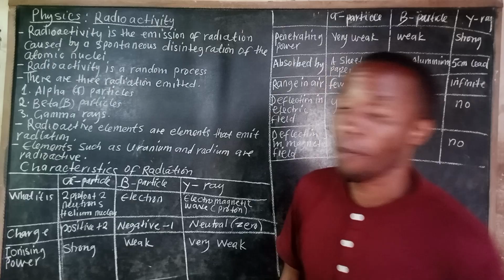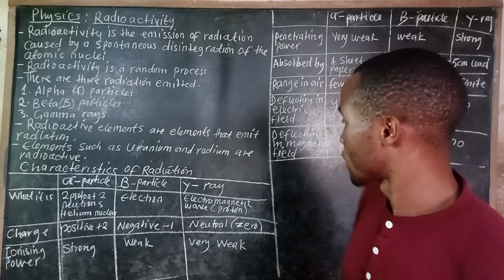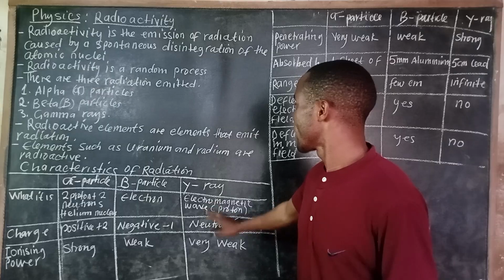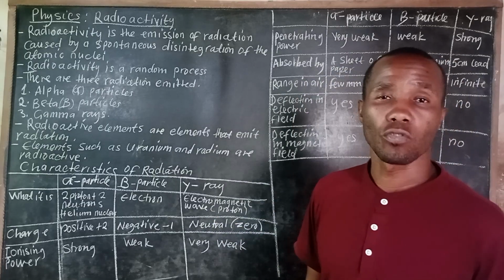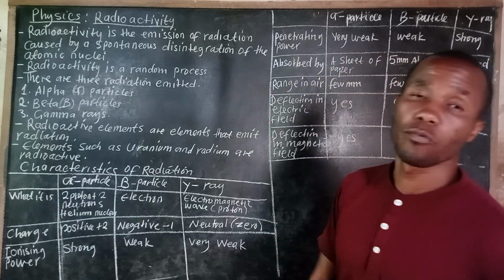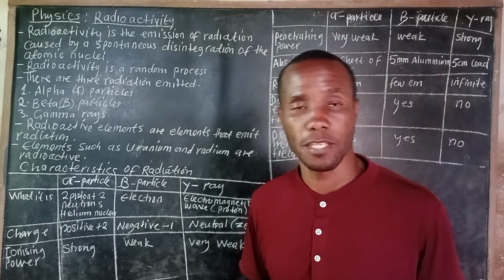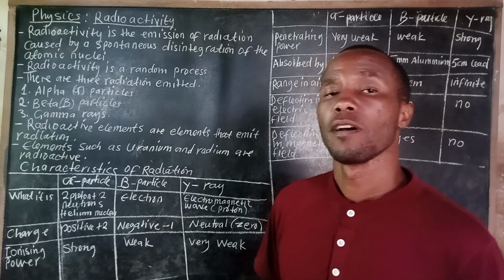The beta particle is negatively charged, which is one negatively charged. Then the gamma ray is neutral, zero. Something that is neutral means it is neither positive nor negative.